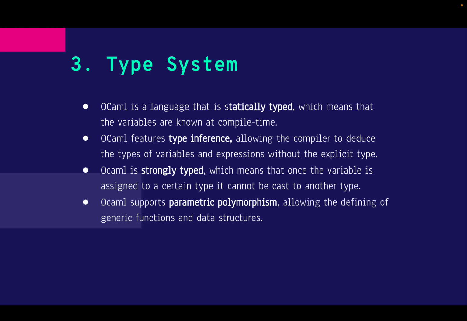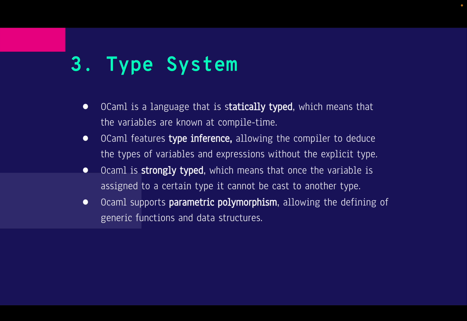OCaml is strongly typed, which means that once the variable is assigned to a certain type, it cannot be cast to another type. However, the variable can be changed with an explicit type conversion.